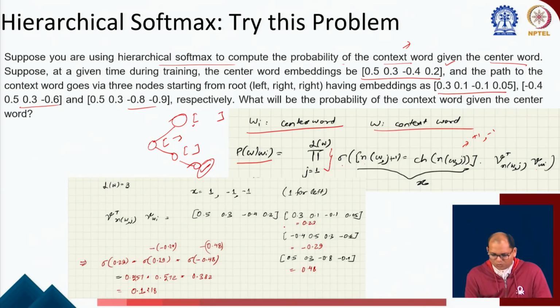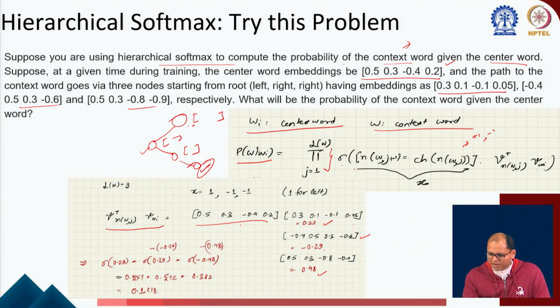So we can first compute these vectors for all the 3 pairs. This embedding 0.3, 0.1, minus 0.1, 0.05 times this embedding, you compute the similarity, you get 0.23. Similarly, this with the next node embedding, minus 0.29, and this with the third node embedding, you get 0.48. And now you go either left or right.